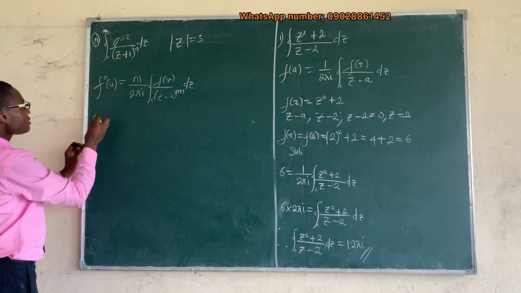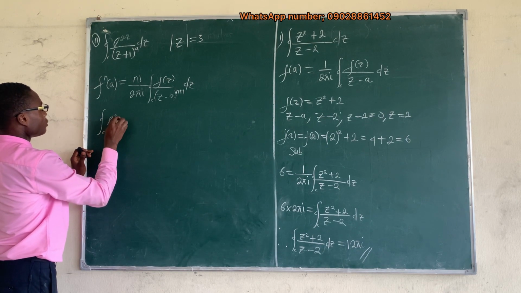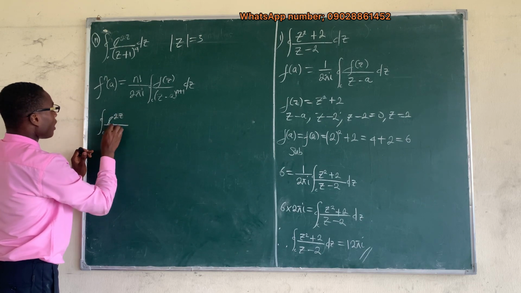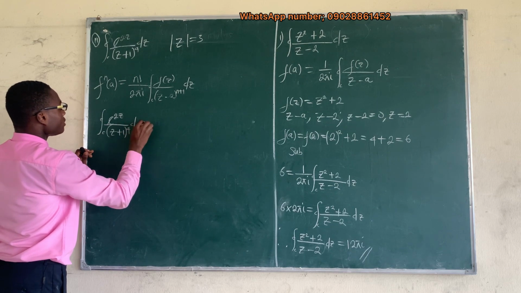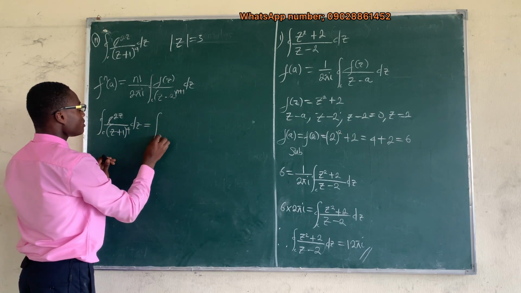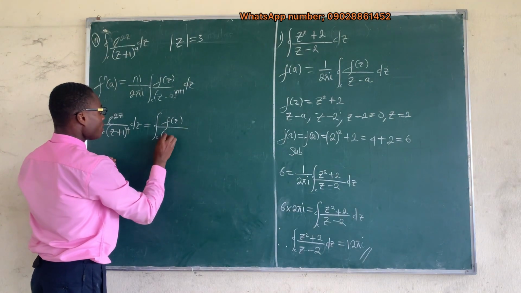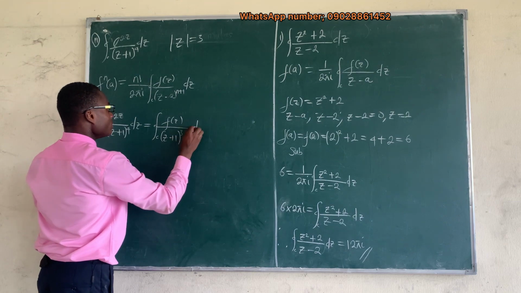So this can be rewritten as the integral of c of exponential 2z over z plus 1 to the power of 4 dz. This can be written as the integral of f of z over z plus 1 raised to the power of 3 plus 1 dz.